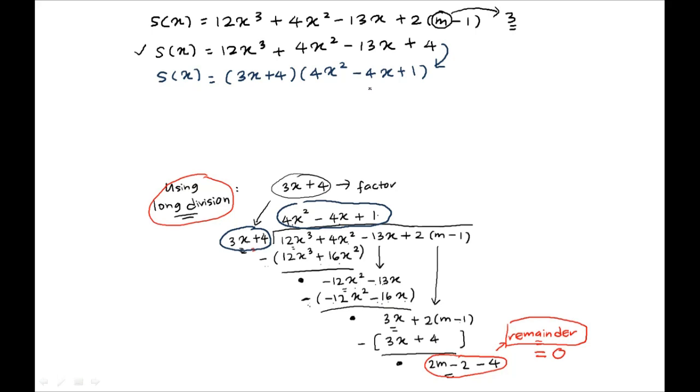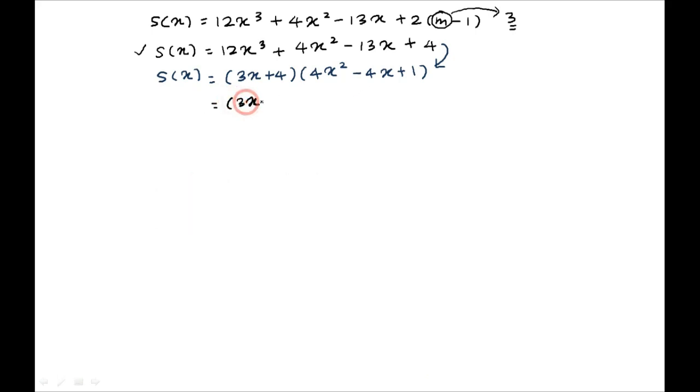So, how to factorize completely? 3x plus 4, we just write like this. But, this 4x squared minus 4x plus 1, we can use our calculator to factorize, because this is quadratic expression. So, quadratic expression 4x squared minus 4x plus 1, use our calculator, we will get 2x minus 1. But, quadratic, in our calculator, given that x is equal to 1 over 2, the number of roots for quadratic equation should be 2.